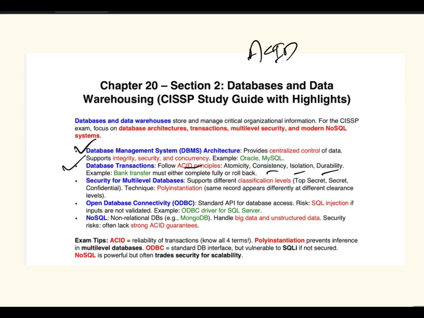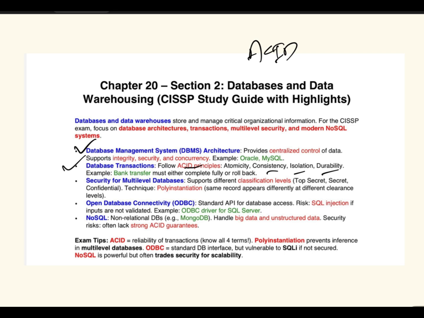Atomicity means a transaction is all or nothing. A bank transfer either fully completes or rolls back, so there is no in between. When you do a bank transaction, it should be done completely, rather than in chunks.